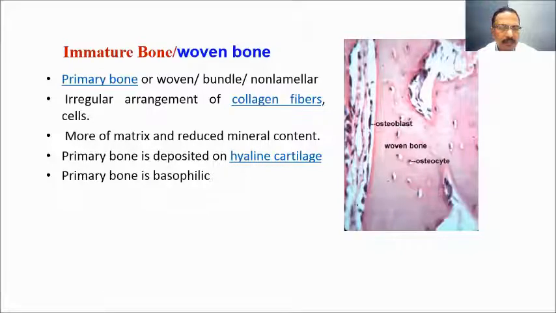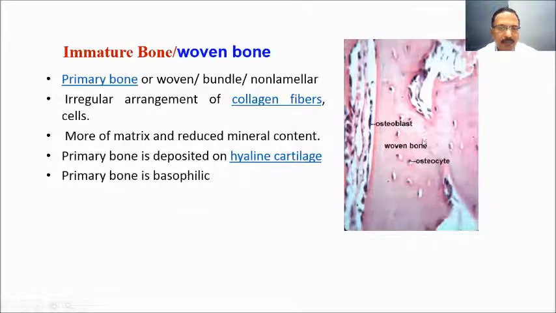Another type of bone, according to maturity, is the immature bone or newly formed bone. Usually, the newly formed bone will not have a lamellar appearance; it is undifferentiated, with osteoid secreted randomly, in a diffused manner around the cells.